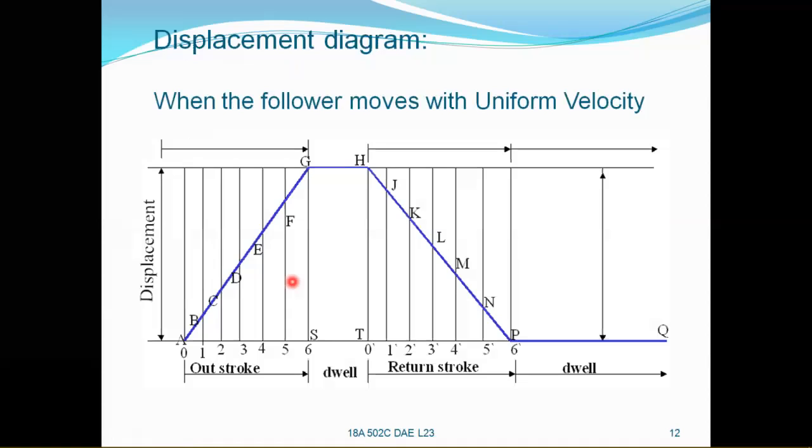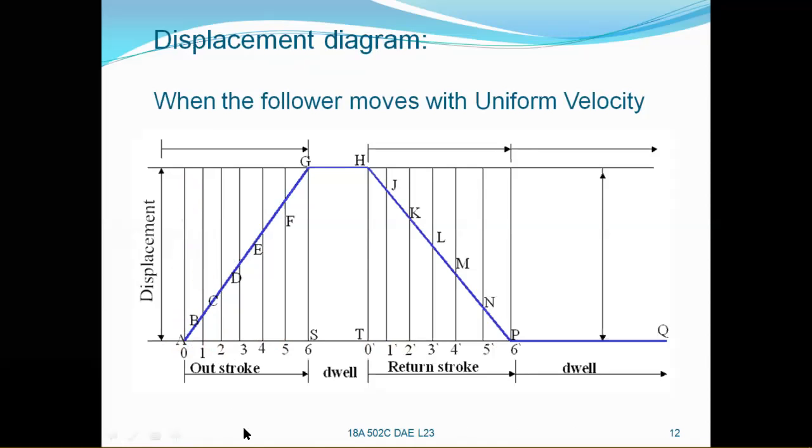Here you can see one type of displacement diagram, and here is how to draw it. Draw the abscissa, that is the x-axis AQ, equal to 360 degrees of cam rotation, the angular displacement of the cam, and the ordinate, which will represent the lift or displacement of the follower.